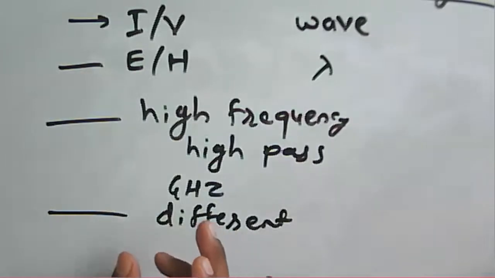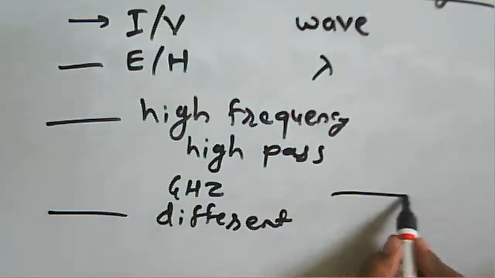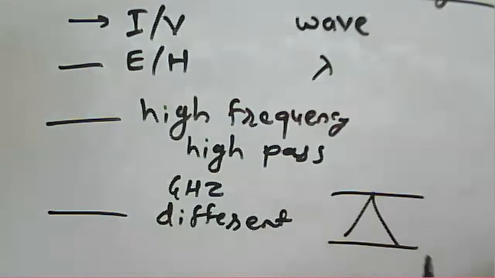And as we talk about it, it has a large power handling capability as compared to the coaxial cable, and the waves are propagating through this waveguide by reflection from the walls. Your signals are propagating through reflections.